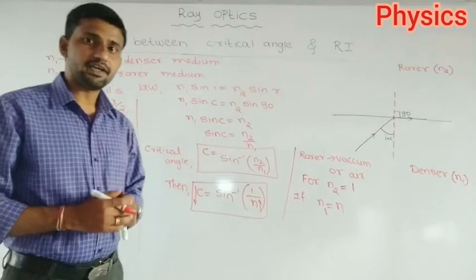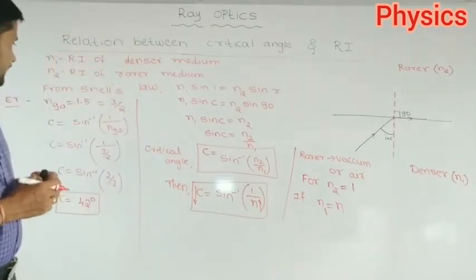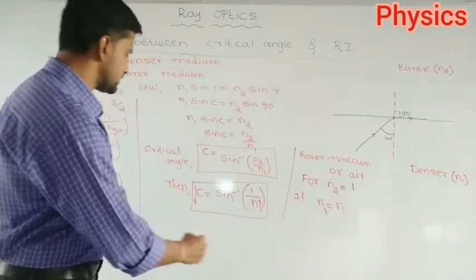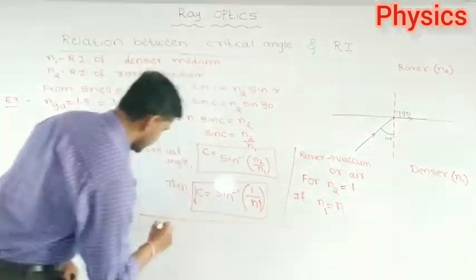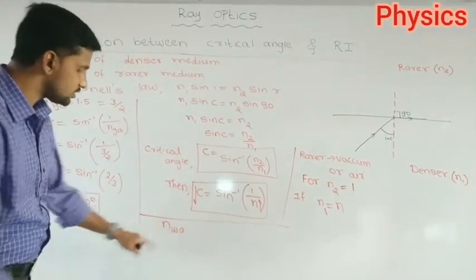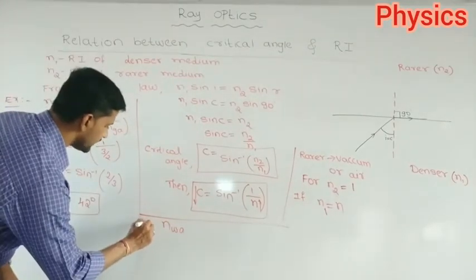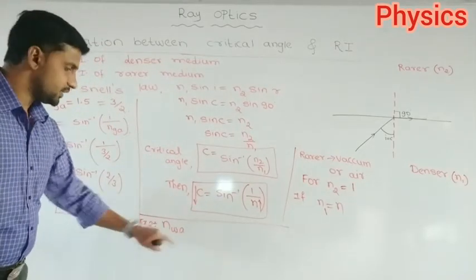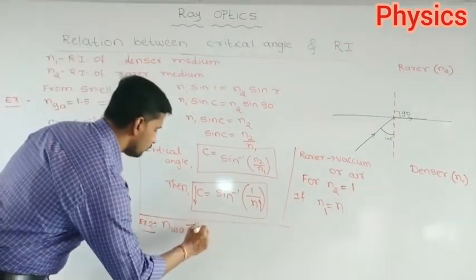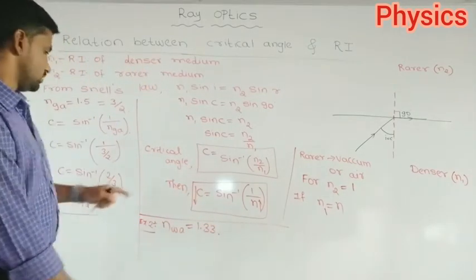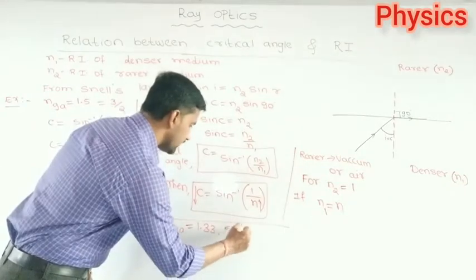Now there is another example I am going to take: the refractive index of water with respect to air, NWA. This is example 2. Its value is 1.33, which I can write as 4 by 3.